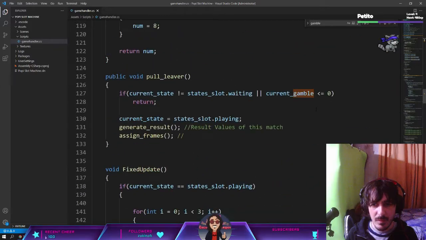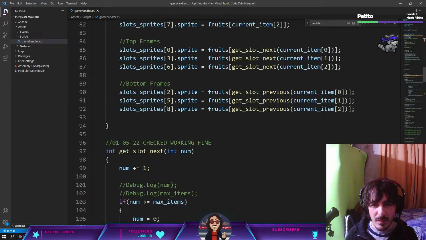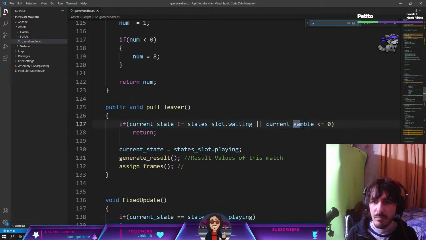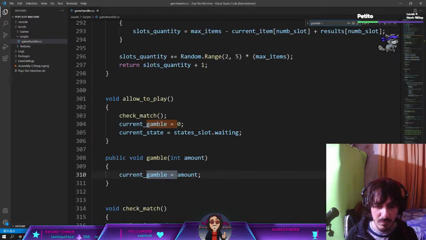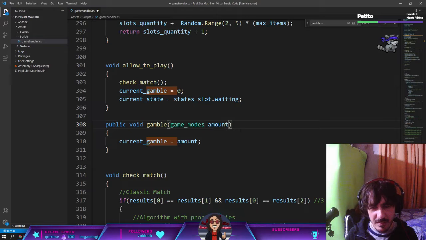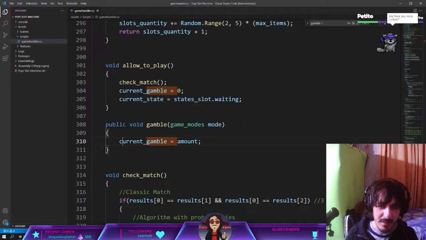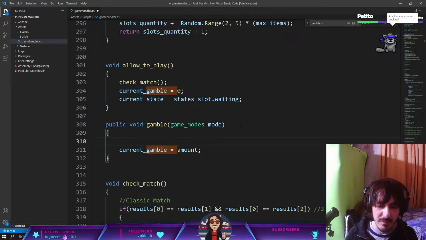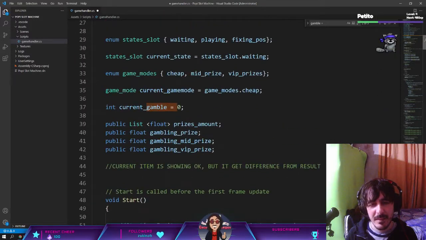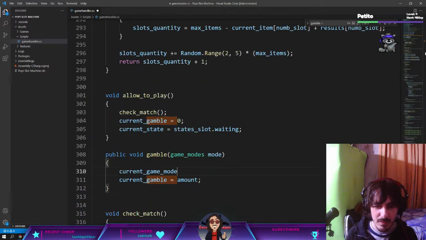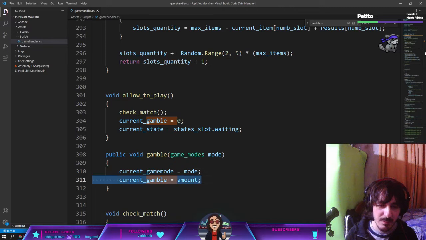So here I have to replace to just get the mode, and I will tell the game that the current game mode will be equal to mode, the selected mode.